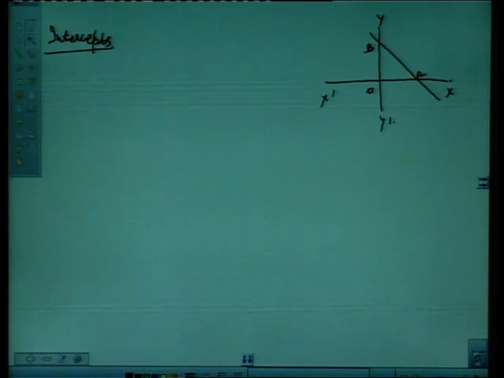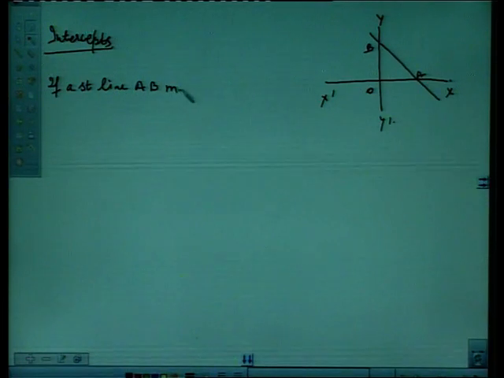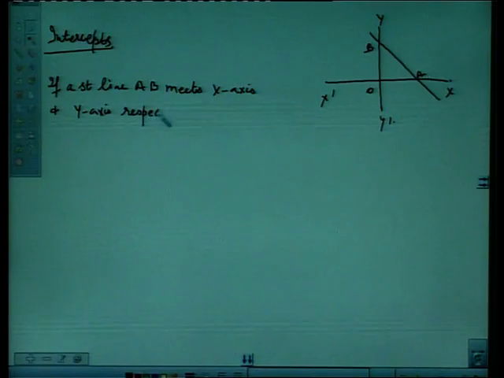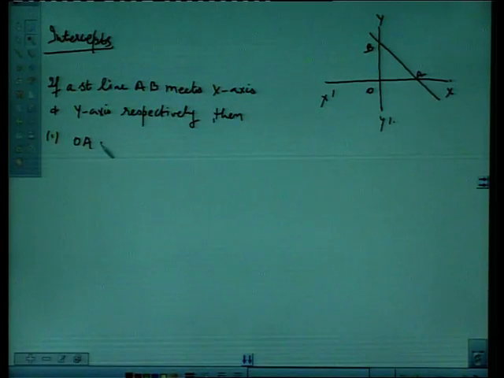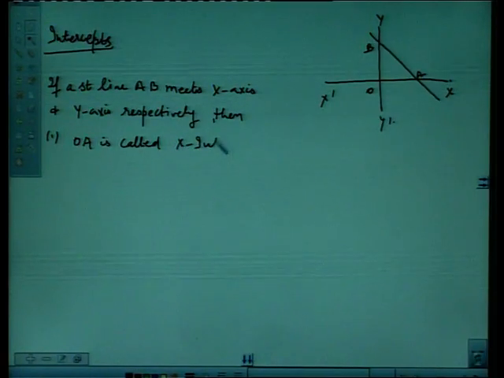If a straight line AB meets x axis and y axis respectively, then number 1, OA is called x intercept.